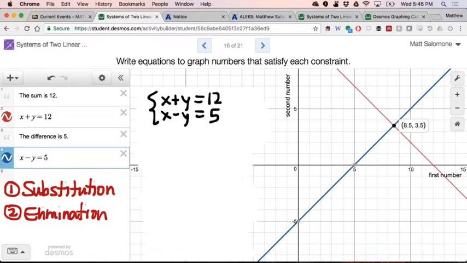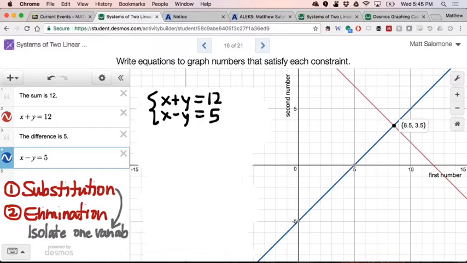It turns out that for this particular system, elimination is a little bit easier. But today we're going to treat it as a substitution problem. So here's the idea behind how to solve a linear system of equations with substitution. The idea is to isolate one variable, either the x or the y.